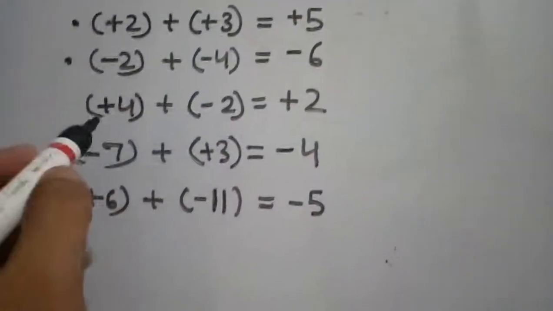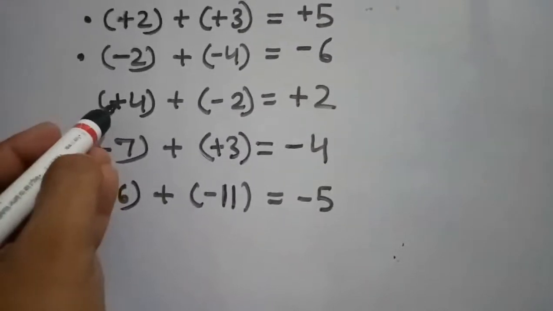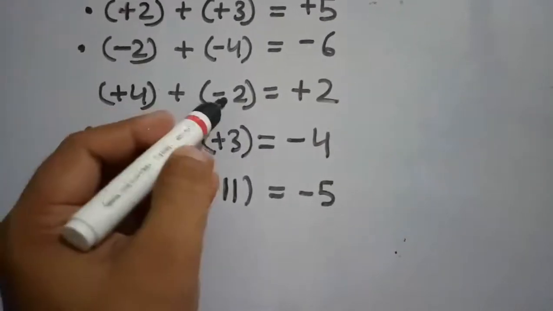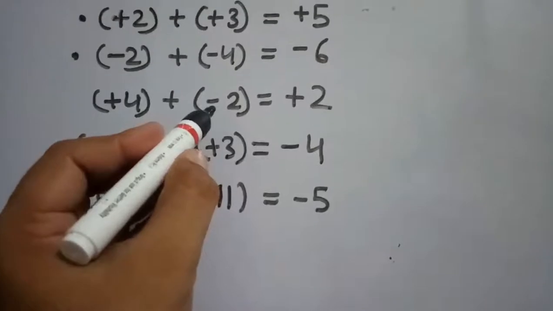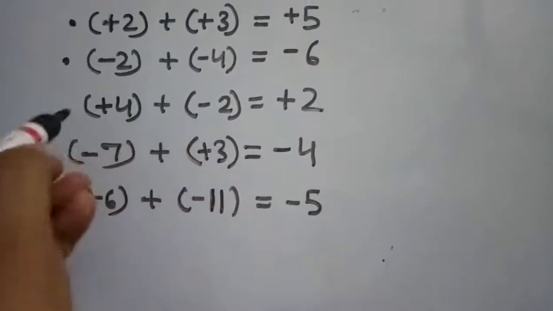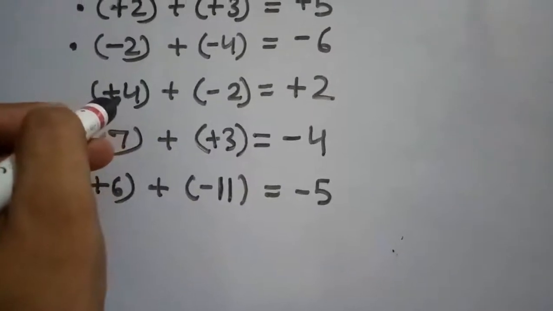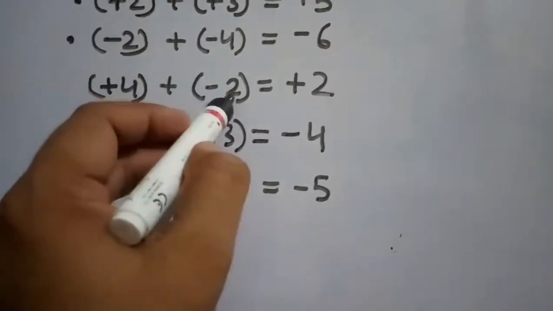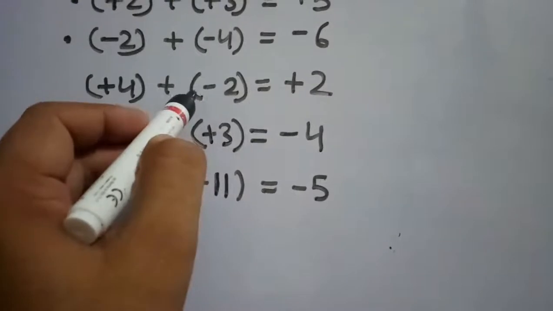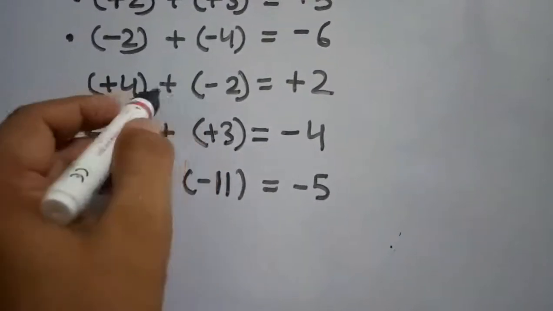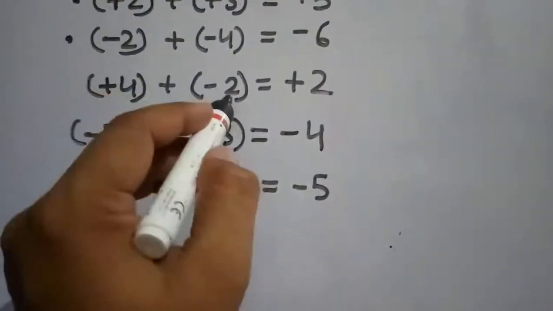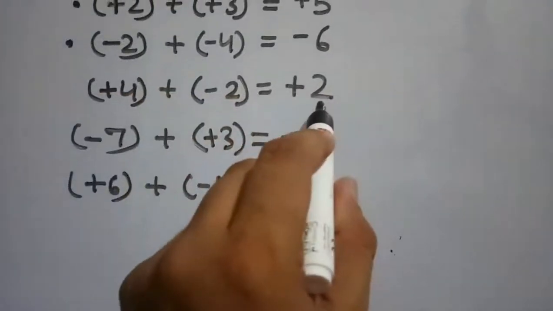But in other cases, where one integer is positive and the other is negative, there will be subtraction. We subtract and put the sign of the greater number.